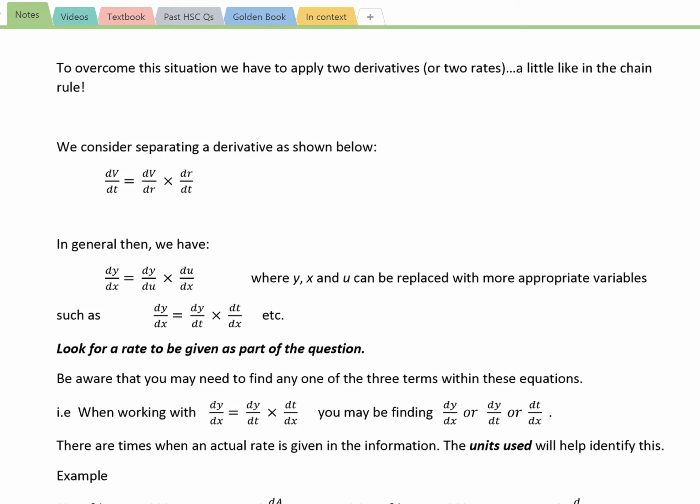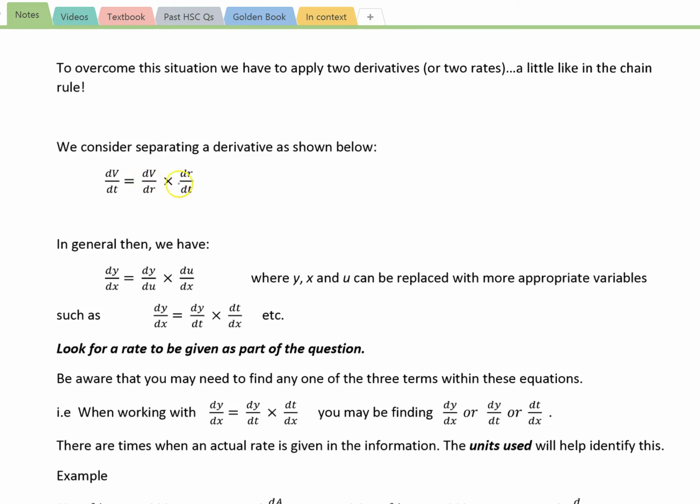So, if we have a look at dV/dt, we probably never thought of it like this before, but what we could actually say, because mathematically dV/dt is a fraction, is that it could be equal to dV/dr, and if our volume was in terms of r, like with the sphere, then that would be possible.